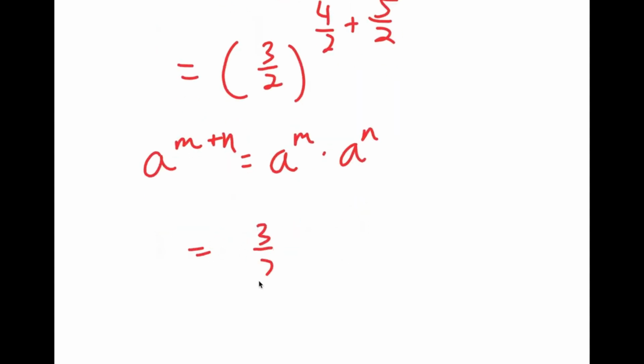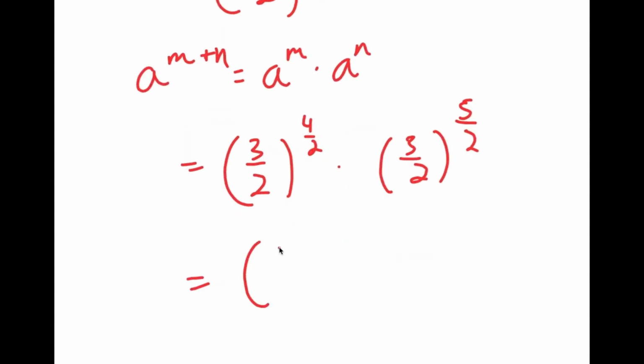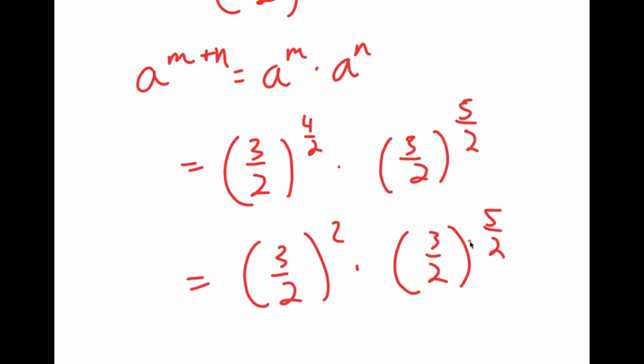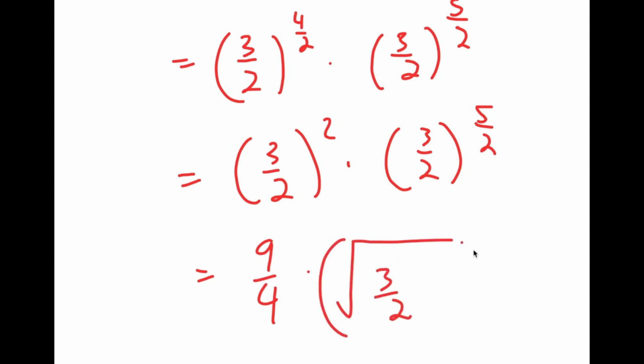So this is going to equal (3/2)^(4/2) times (3/2)^(5/2). Now 4/2 is equal to 2, so I get (3/2)² times (3/2)^(5/2). And (3/2)² is equal to 9/4, so I get 9/4 times (3/2)^(5/2), which is the same thing as the square root of (3/2)^5.